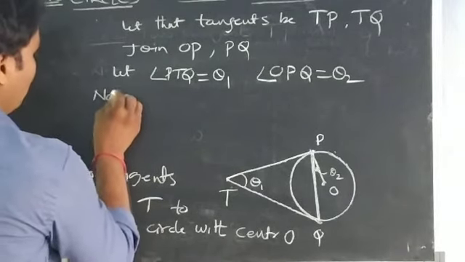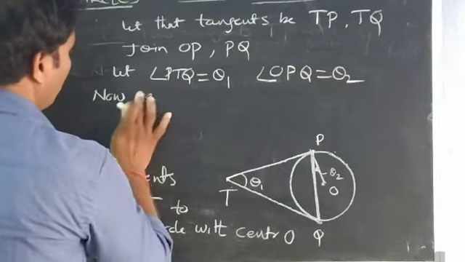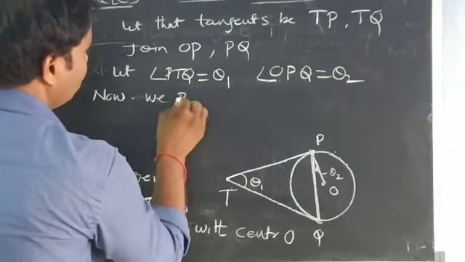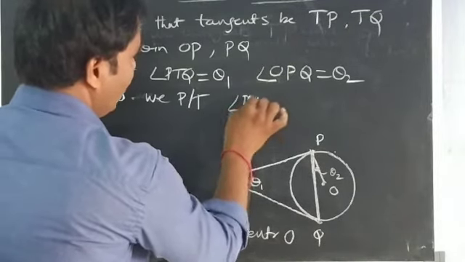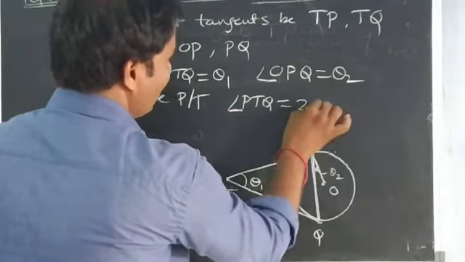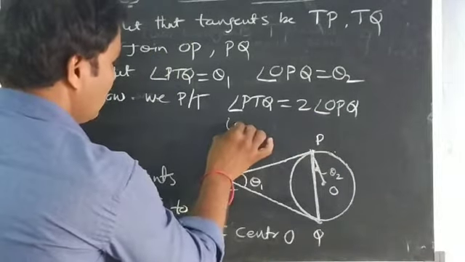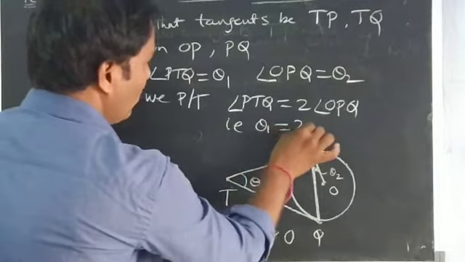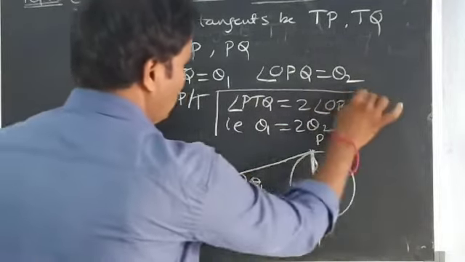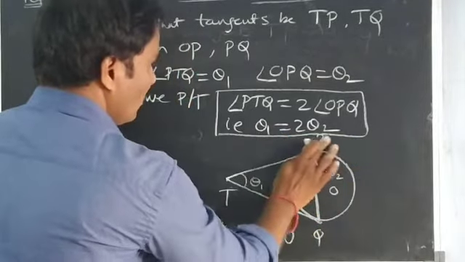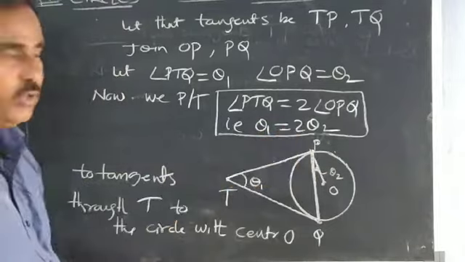Now we prove that angle PTQ is equal to twice of angle OPQ. That is nothing but proving theta 1 equal to 2 into theta 2.